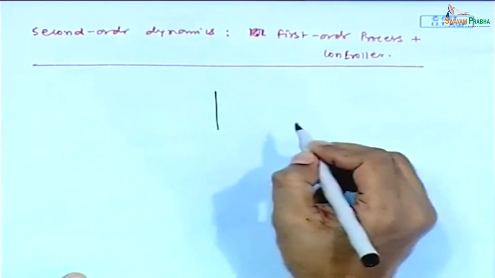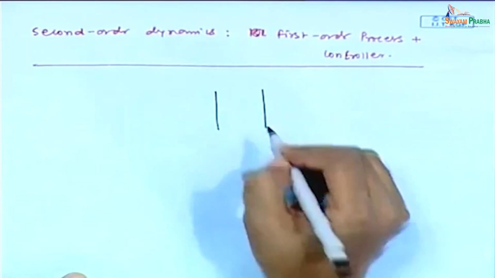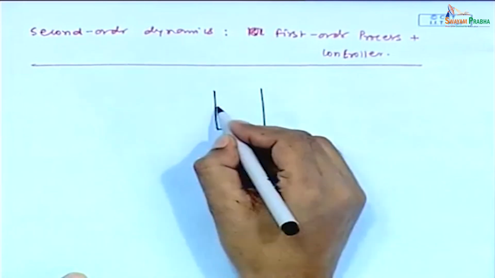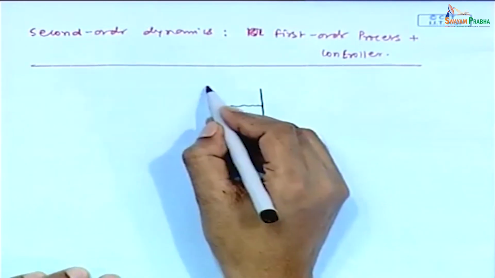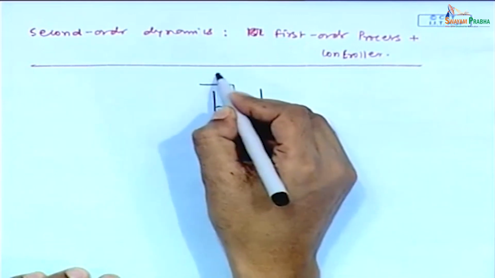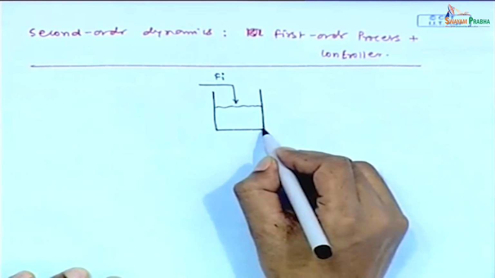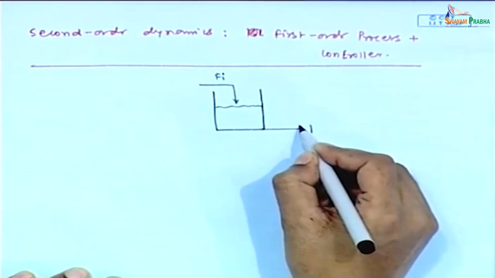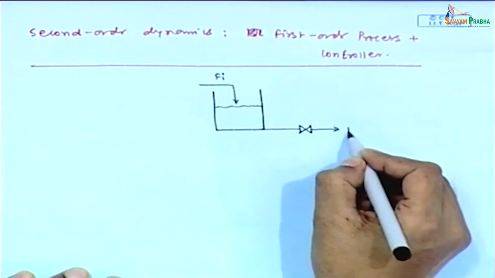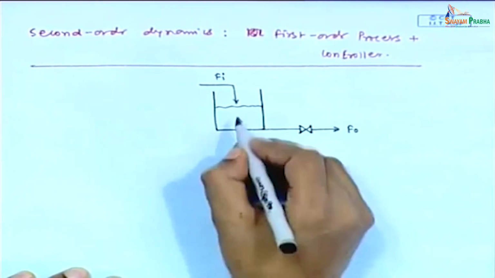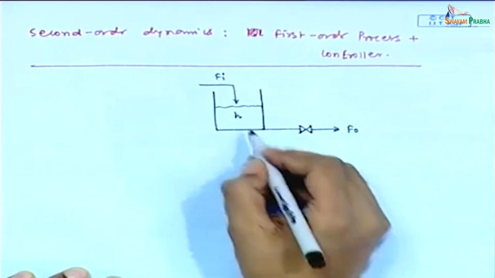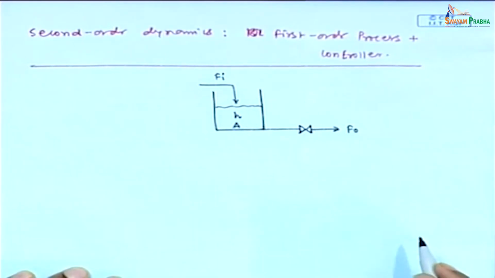that is the liquid tank system. This is a liquid tank system. Inlet flow rate is Fi and outlet flow rate is F naught. This is height, cross sectional area is A. The control objective is to maintain the height of the liquid in the tank.